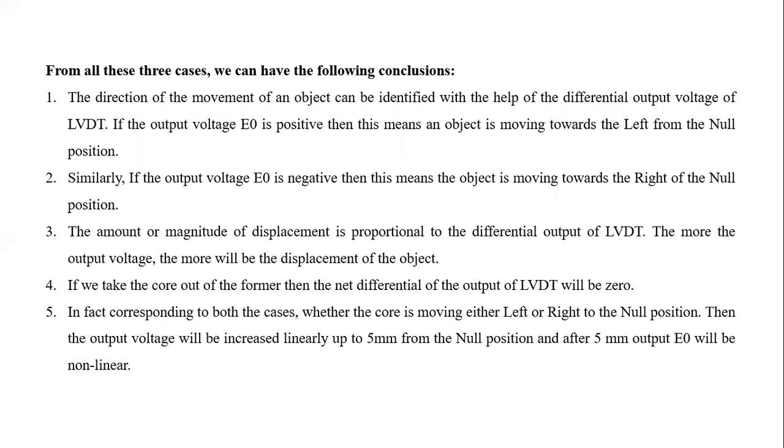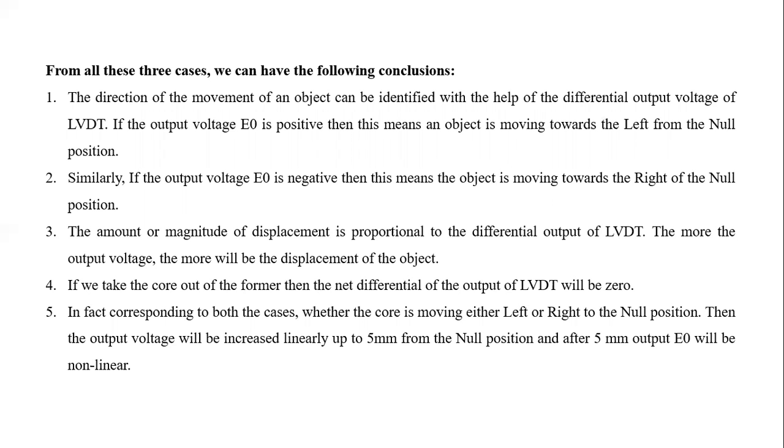If the voltage is positive, the object moves towards the left from the null position, and if the output is negative, then the object has moved towards the right of the null position. The magnitude of displacement is proportional to the differential output of the LVDT.